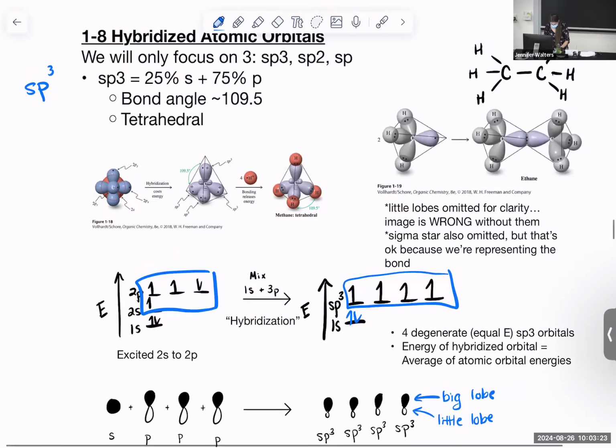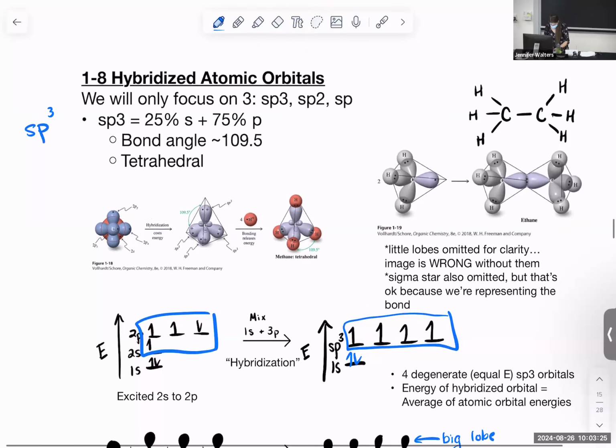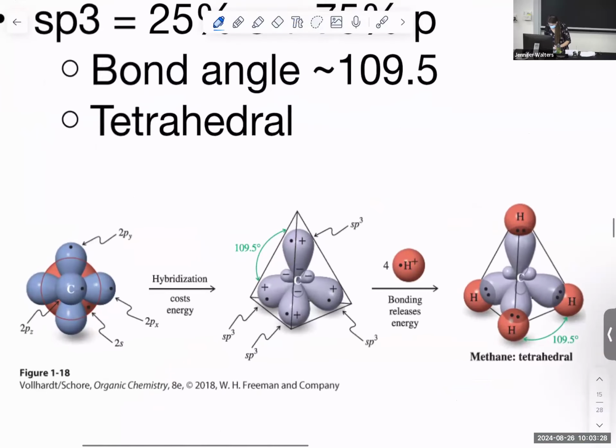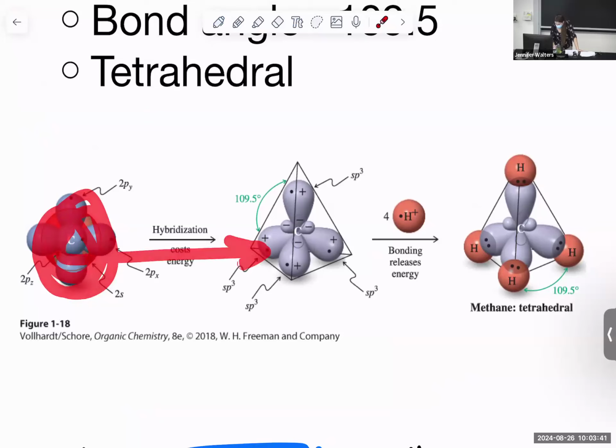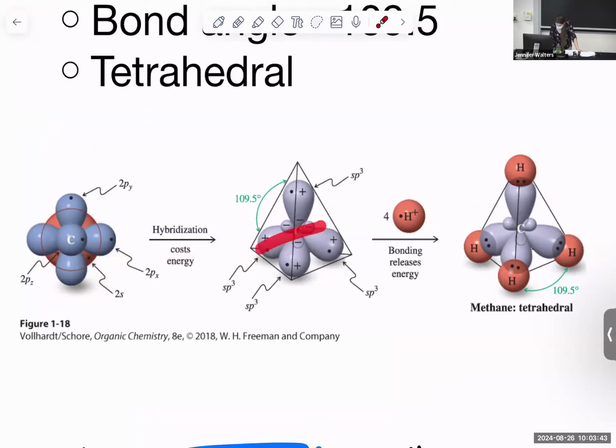So what that looks like when we try to bring it together into a molecule, zoom in, is we have this sphere with our 3 p orbitals all on top of each other. This all mixes together and spits out our 4 sp³ hybridized orbitals, where you have the big lobe and the little lobe.